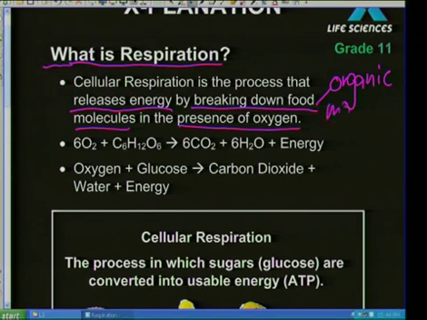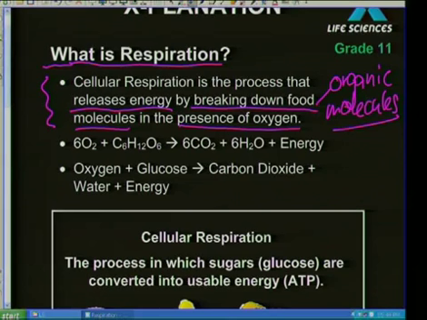Organic molecules: carbohydrates, fats, proteins, etc. Mainly in respiration we would talk about glucose, but remember, lipids have the potential of becoming carbohydrates. Proteins have the potential of becoming carbohydrates when they are converted. So all organic molecules can be used for cellular respiration. Now that is the explanation, a definition for cellular respiration.